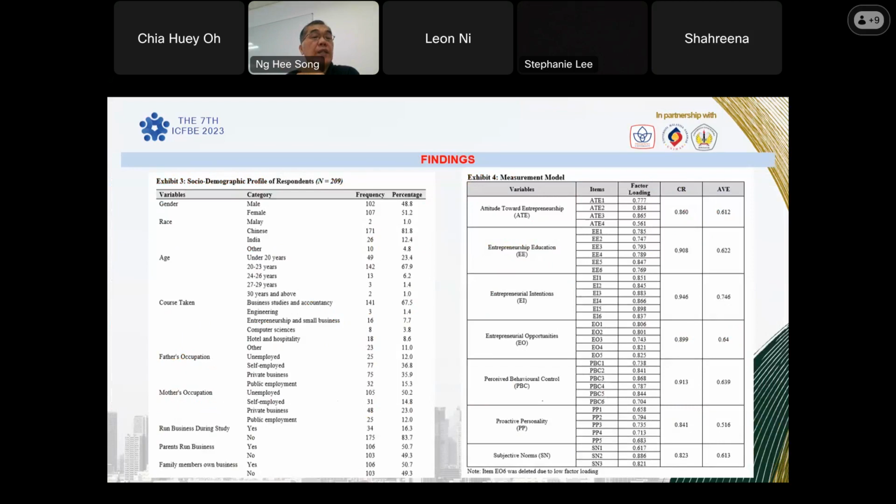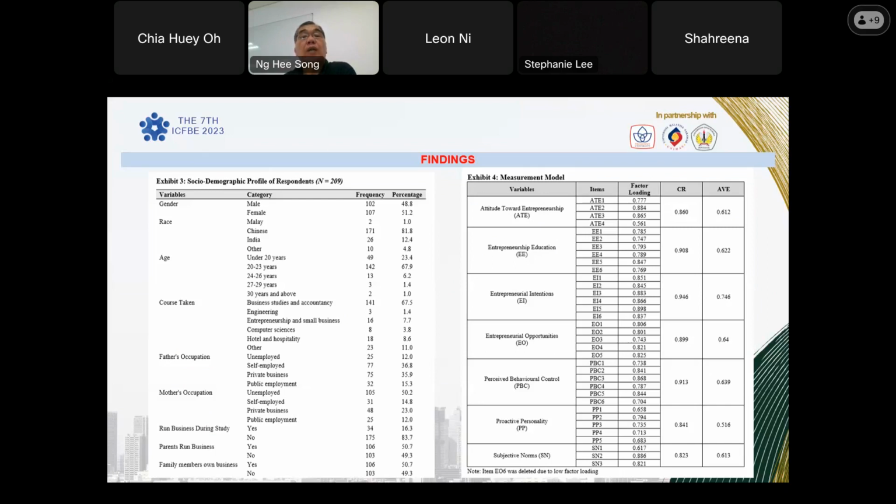And also I have whether a family member owns a business. I also capture this information, and I use SPSS to measure altogether the attitude towards entrepreneurship, education, and the intention, opportunity, perceived behavior control, proactive norms, and subjective norms.